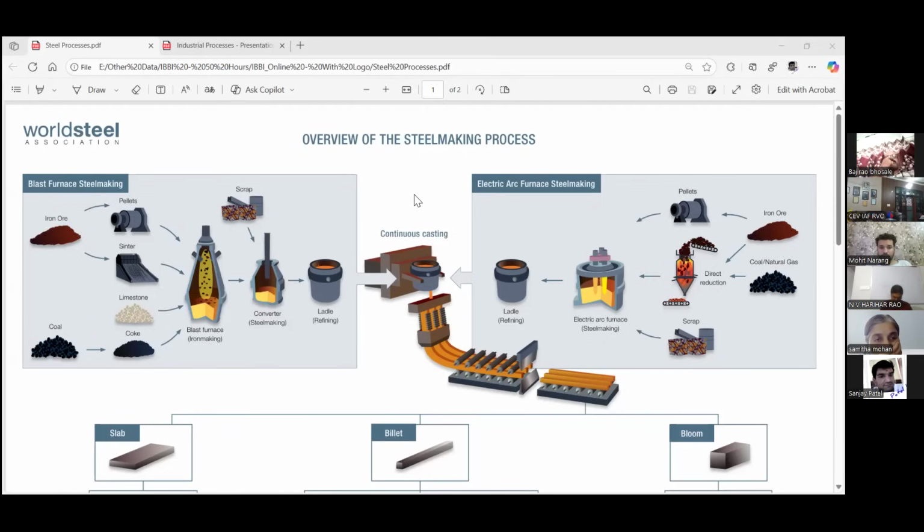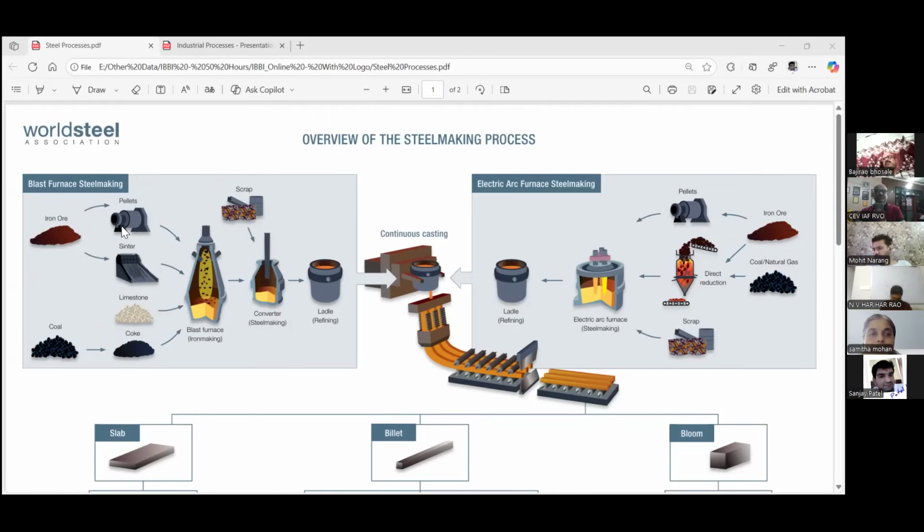Okay. So mainly there are two types of industry, one from the blast furnace and one from the electric arc furnace. In the blast process, iron ore goes to the sinterization plant, the sinter plant, which is a purification plant, and we add some additives. Whatever iron ore comes from mining may have a lot of impurities, so first of all, the sinter plant removes the major impurities.